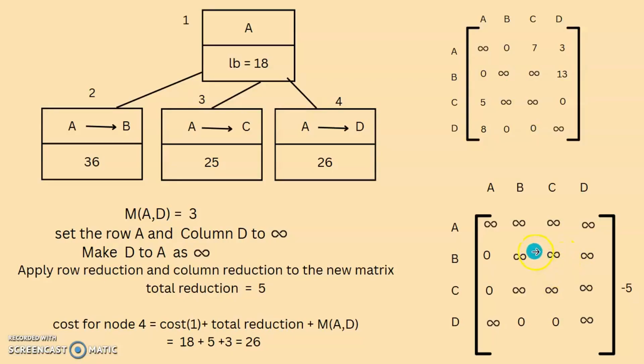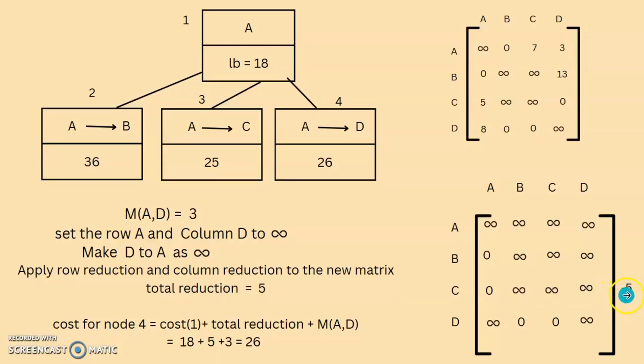Now you apply row reduction and column reduction for this matrix. So when you talk about row reduction here, the first row all the values are infinity, so no row reduction required. Second row already contains a 0, but the third row contains value 5, so we have to subtract by 5 because the minimum value is 5.